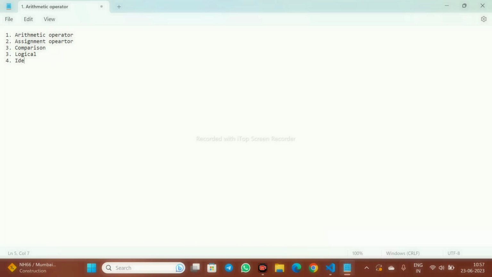Fifth, identity. Sixth one, membership. And last, that is seventh one, bitwise operator.